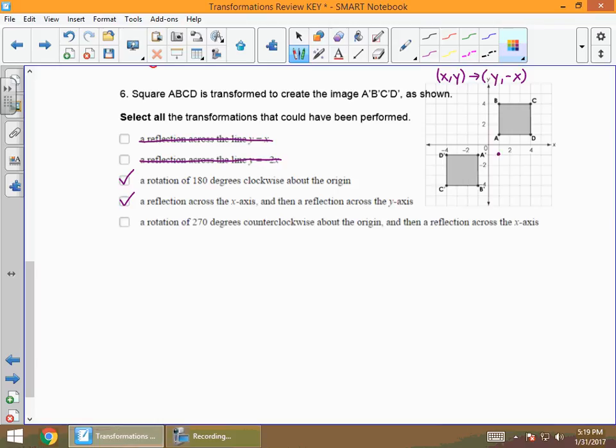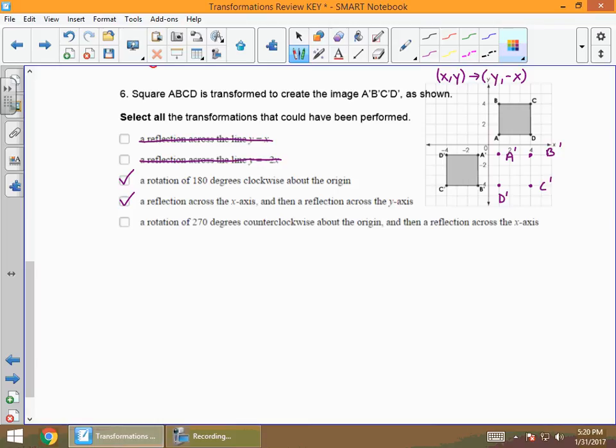So here. For B, the point 1, 4 becomes the point 4, negative 1. There's B. C is at 4, 4. It becomes the point 4, negative 4. And D is the point 4, 1. It becomes the point 1, negative 4. There's D.